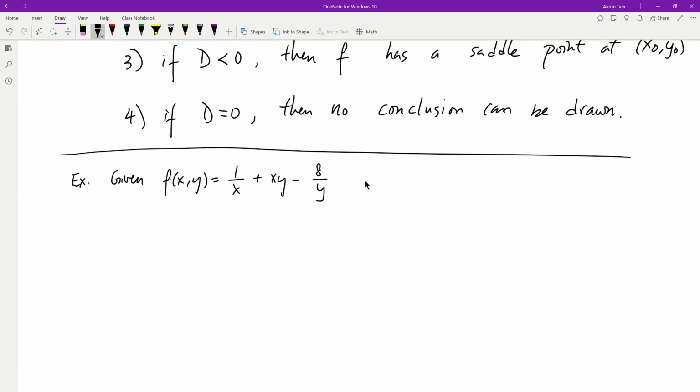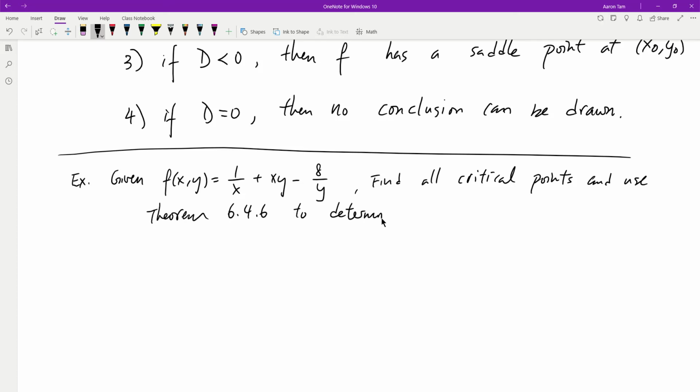The question would ask you to do the following: find all critical points and use theorem 6.4.6 to determine relative max, relative min, saddle, or the last case, no conclusion.